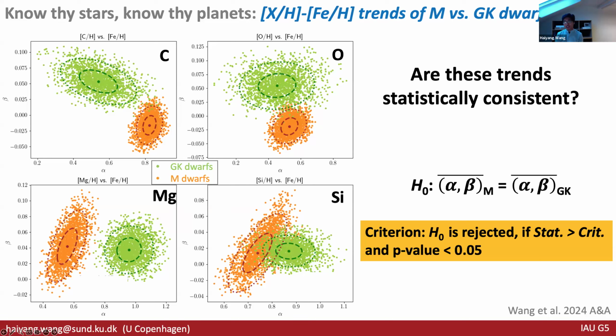If the statistic of the parameter is larger than the critical value, or the p-value is less than 0.05, the null hypothesis will be rejected. Otherwise, the null hypothesis will not be rejected. This is the simple idea of testing with these two parameters.